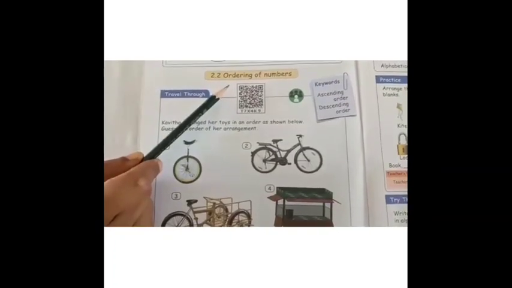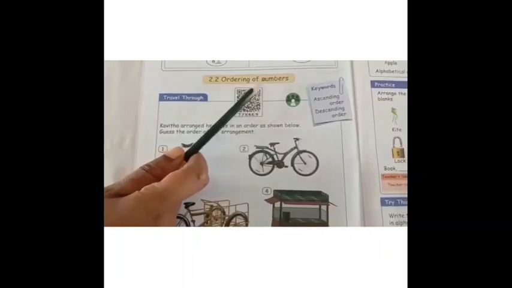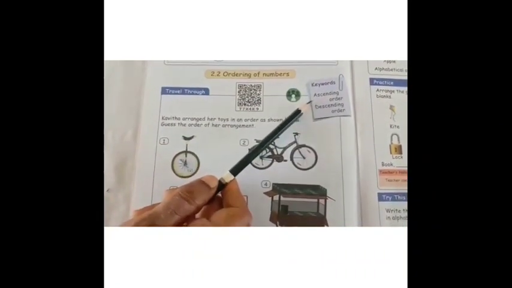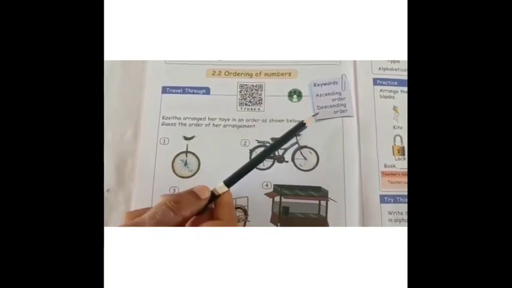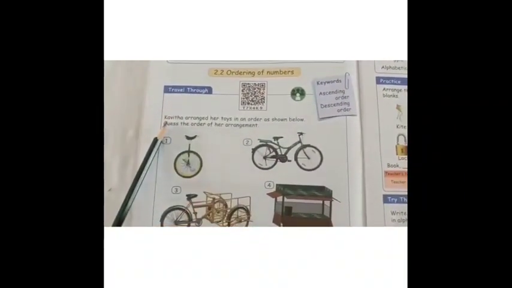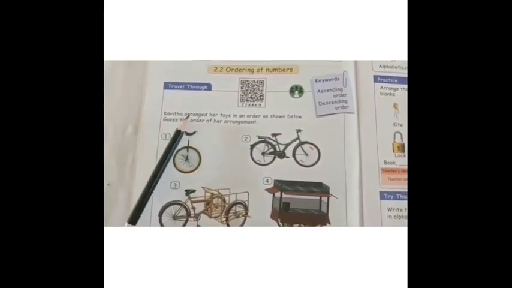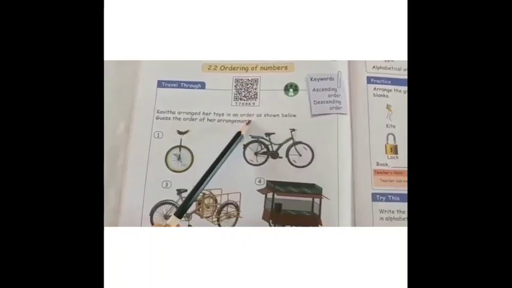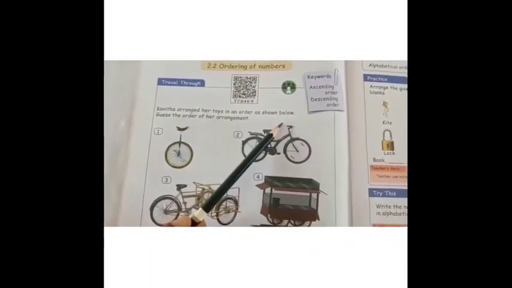Next, let us learn ordering of numbers. The keywords are ascending order, descending order. Read the question, children. Kavita arranged her toys in an order as shown below.